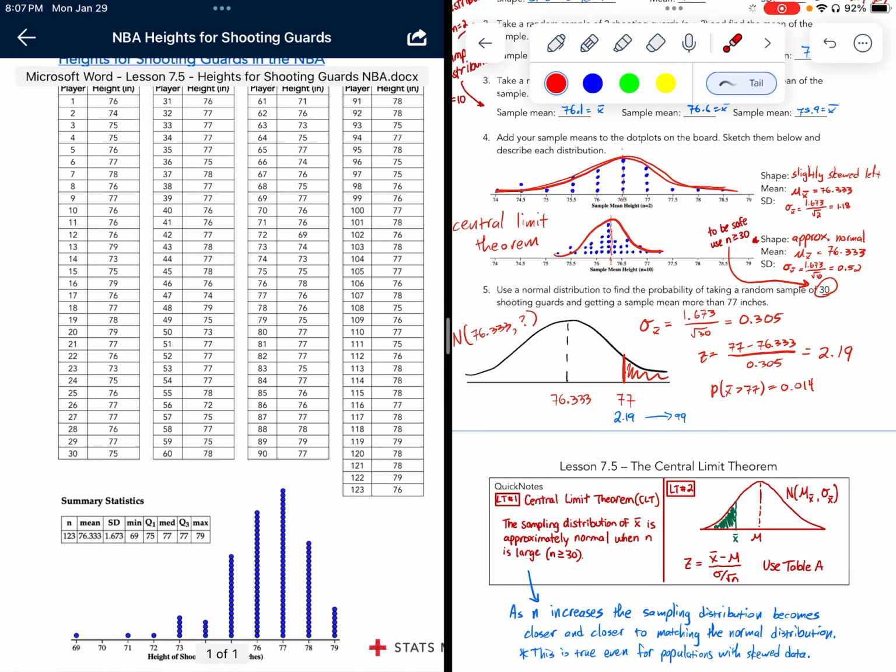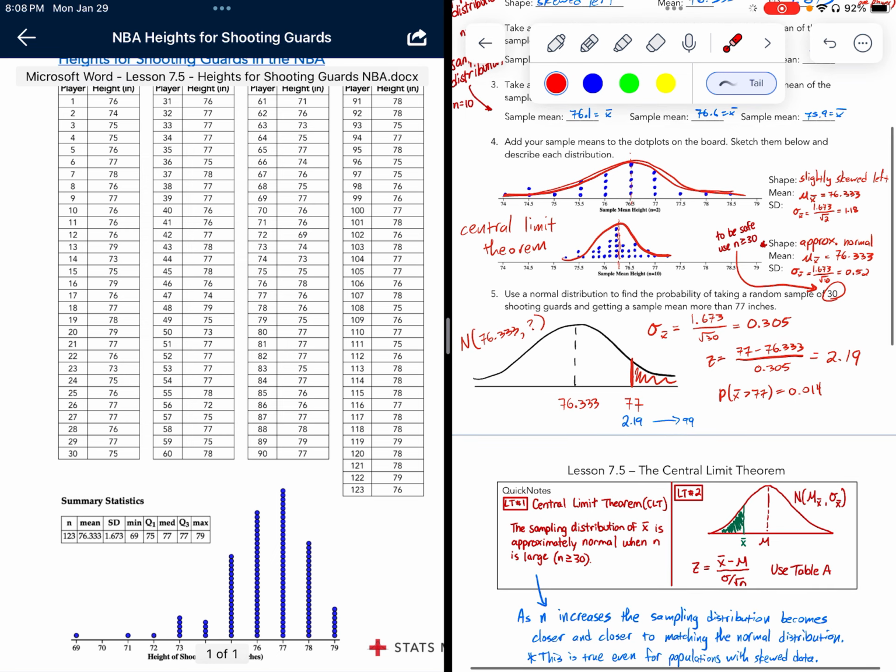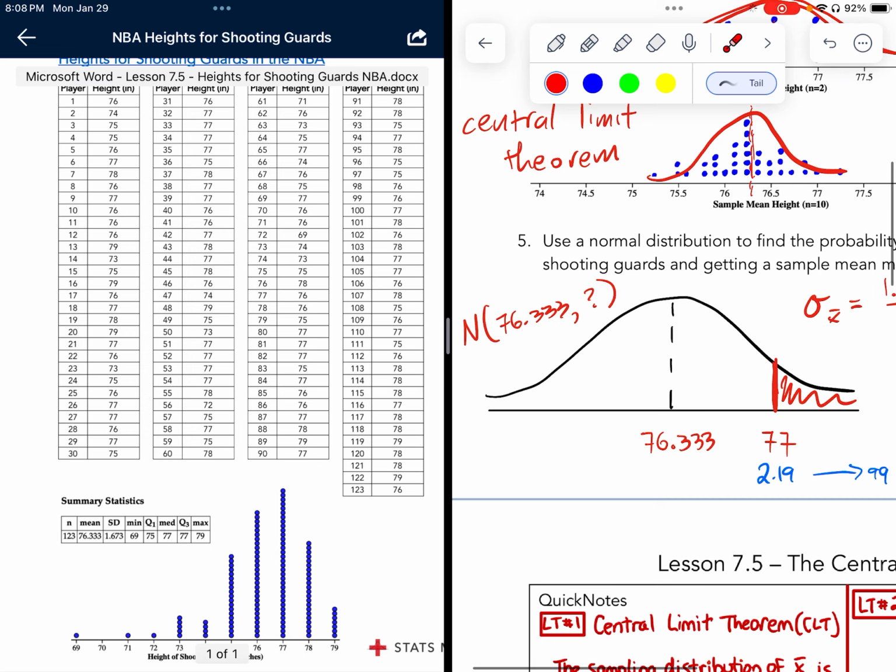It's skewed left. When I take a sample, I'm not just sampling the dots and then remarking them on the distribution. I'm taking the dots, adding them up, and averaging them. So over and over again, I'm going to be finding numbers that are close to this. Sometimes they're going to be too high, sometimes too low.